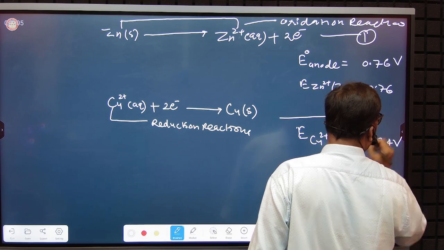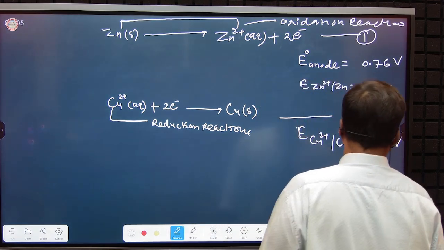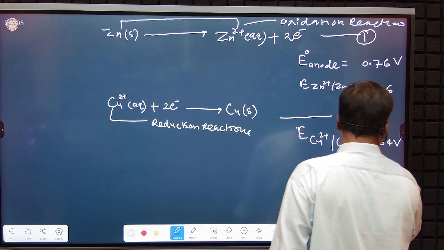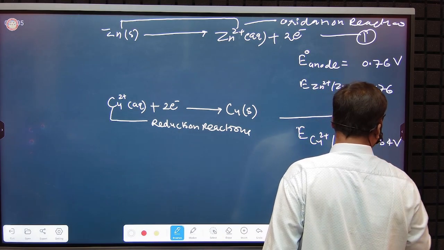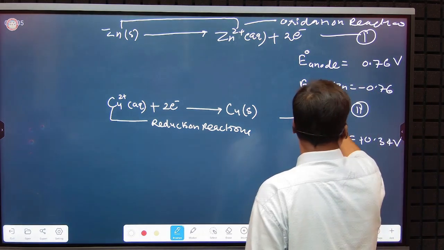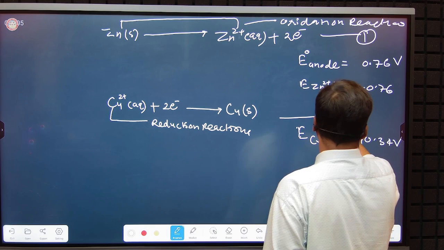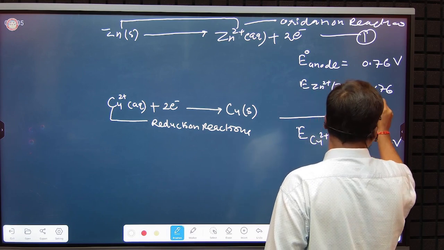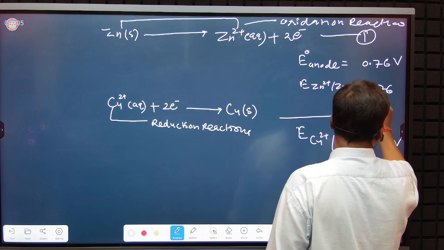So this is the positive quantity, and this is the negative quantity. When Zn2+ undergoes reduction to zinc, it has minus 0.76 volt.